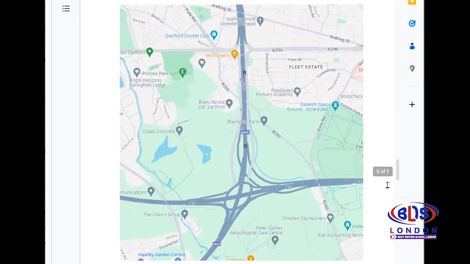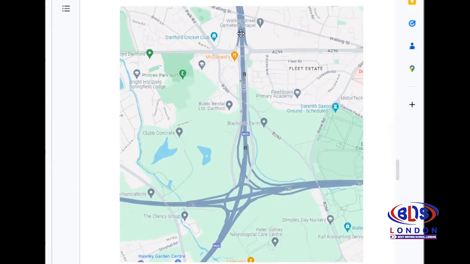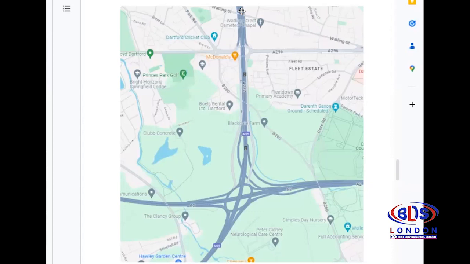Okay, guys. What I'm showing you at the moment is a section I've taken directly from Google Maps. At the top of the map here, you've got the M25 coming in. And then at the junction, this is south of the Dartford crossing, at what they call Blackdale Farm, there's a junction.